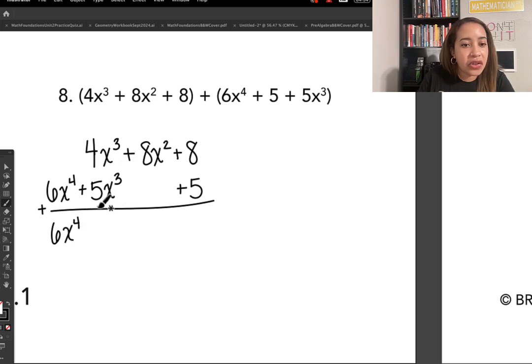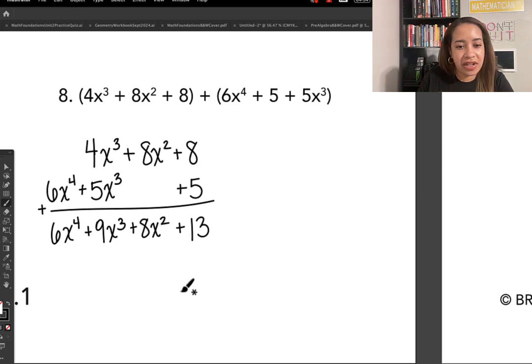Here, 4x to the 3rd plus 5x to the 3rd gives us 9x to the 3rd. 8x squared did not have a match, so it comes down to our answer all on its own. And finally, 8 plus 5 gives us 13. So this is our final answer. It's already written in descending order, going 4, 3, 2 in our exponents.